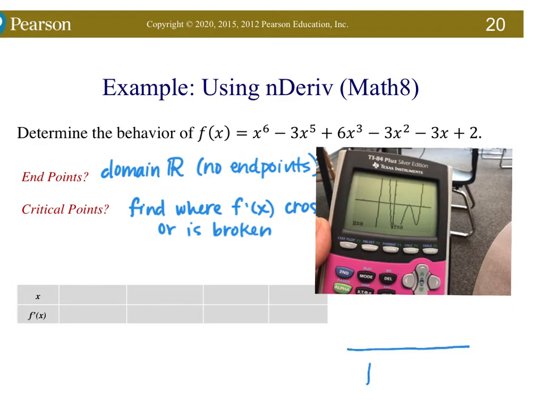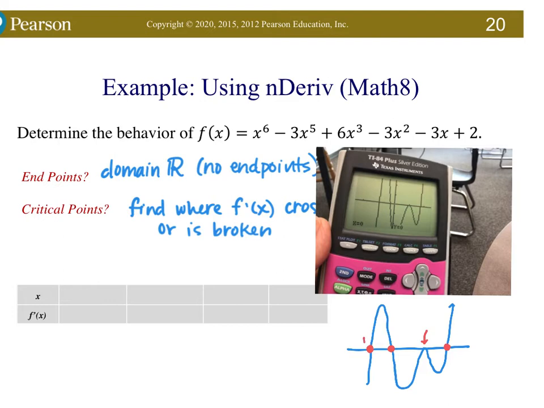So I saw it cross the x-axis and then come back down, and then I see it touch the x-axis but not cross, and then back up again. So the most important parts of this graph are the places where it is crossing the x-axis. This part right here, not so important to me because it did not cross the x-axis.